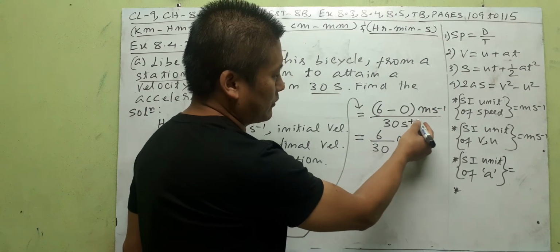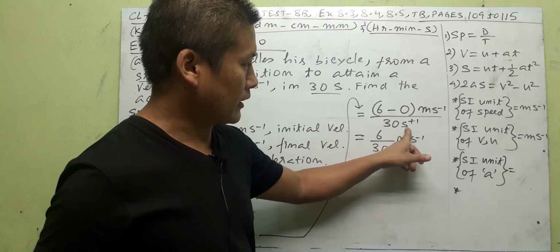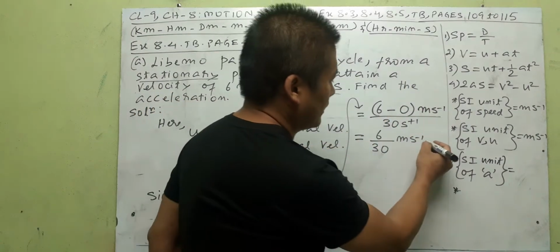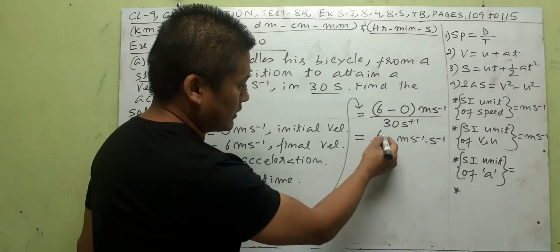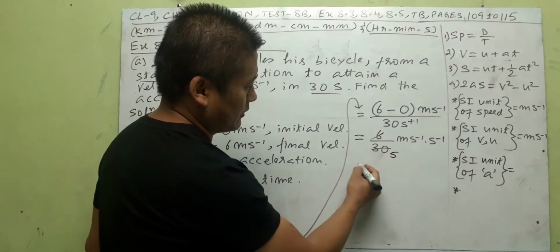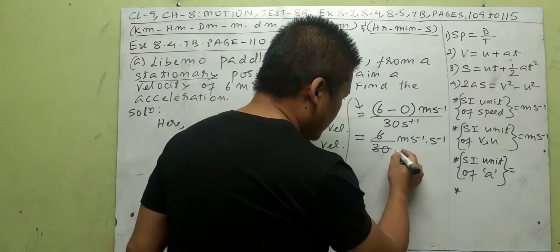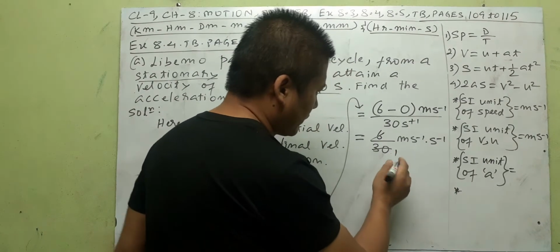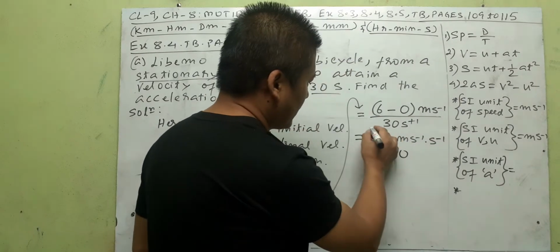And here, no power means we don't write, so the power is plus 1. If you shift this second to the power plus 1 to the numerator, it will become second to the power minus 1. So this is, 6 5s are 30, or we can just make it like this to make it easy. 2 1s are 2, 3 1s are 3, 3 zeros are 0, 3 2s.